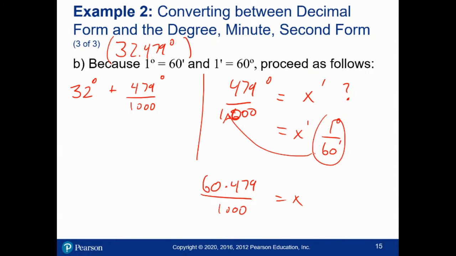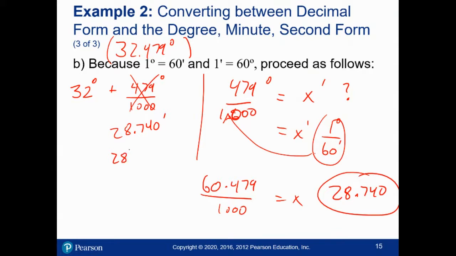So if I compute that, just pulling out a calculator off screen, 60 times 479 divided by 1,000 is 28.740. So I'm going to replace, over on the left-hand side, the 479 over 1,000th degree with 28.740 minutes. Now that's 28 minutes and then 740 thousandths of a minute.